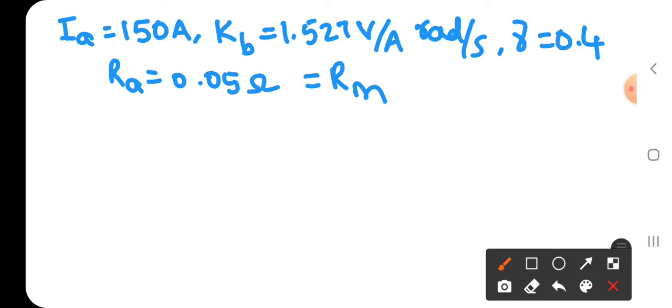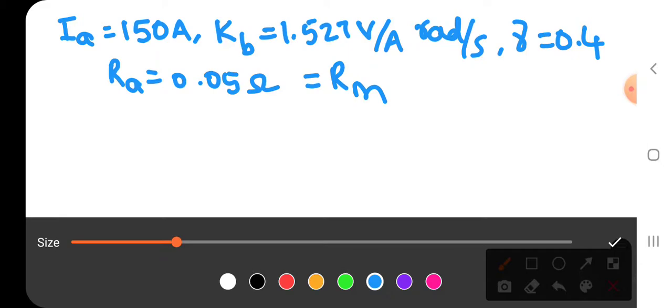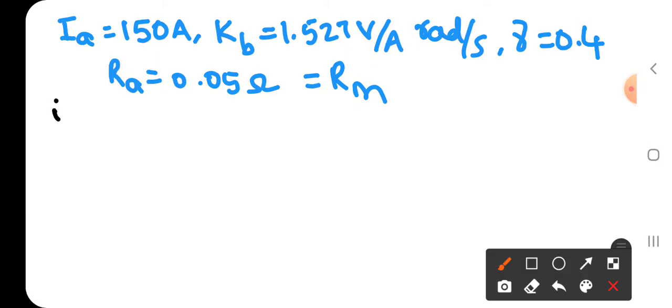If it is so, then the first one is, what is the average voltage across the chopper?